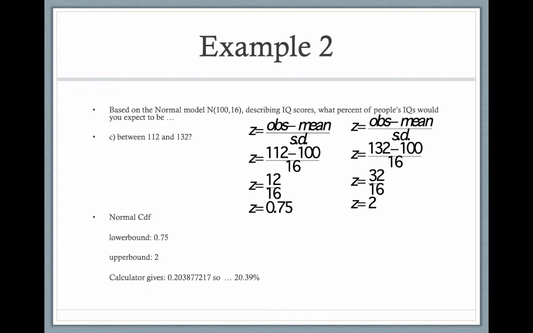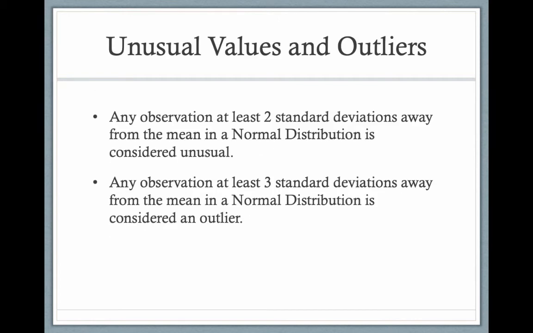And so, again, you're going to go to probability, distributions. You're going to pick normal CDF, and you're going to have a lower bound of 0.75, an upper bound of 2, and the calculator gives us 0.20387 on and on, rounded to 4 decimal places is 0.2039, so 20.39%.